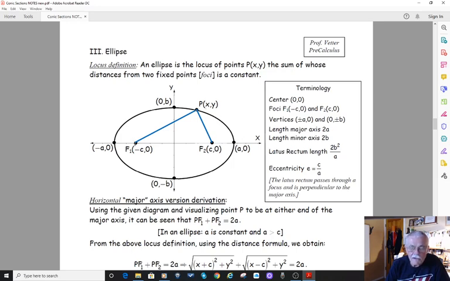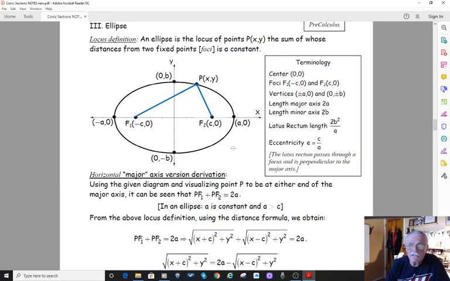Then one of the blue lengths would go from F1 to this vertex at a, 0, and the other would go from F2 to a, 0. And you can see that together, those two lengths, because of symmetry, add up to 2a.